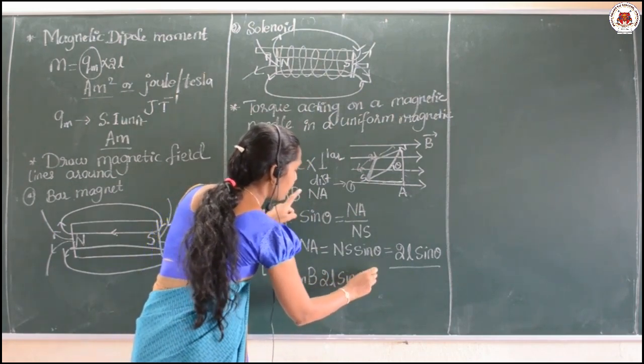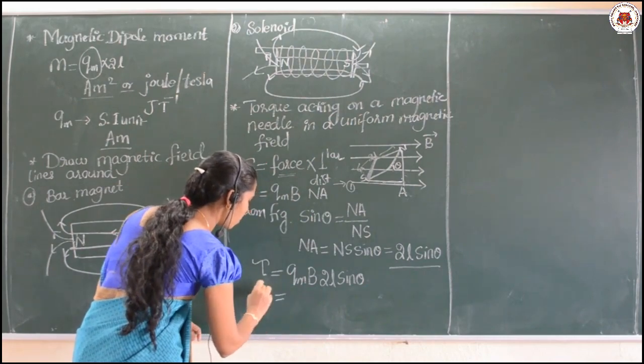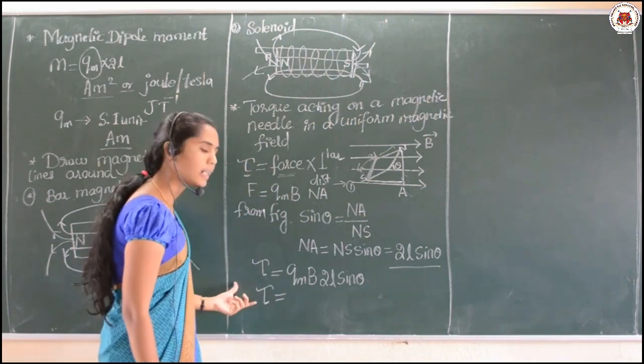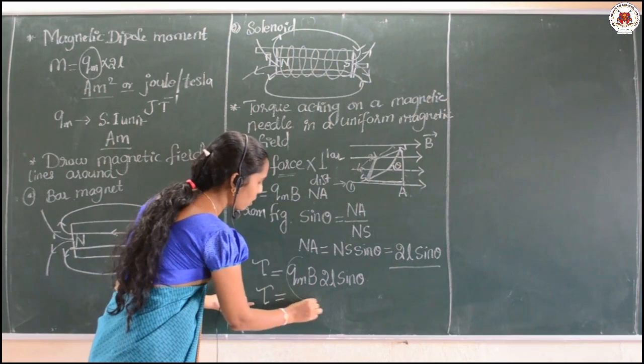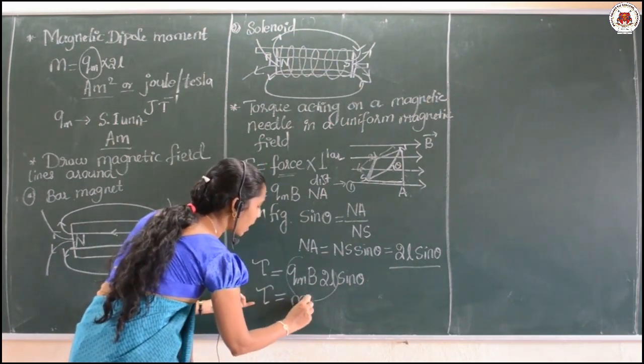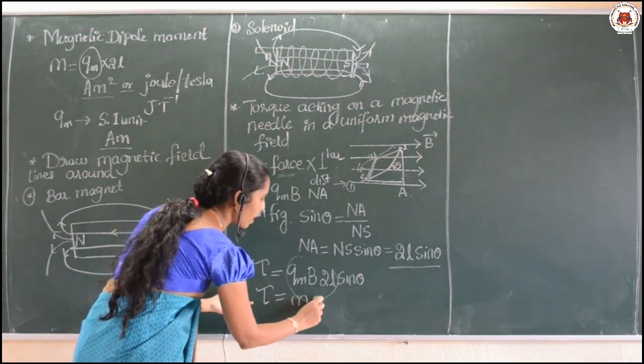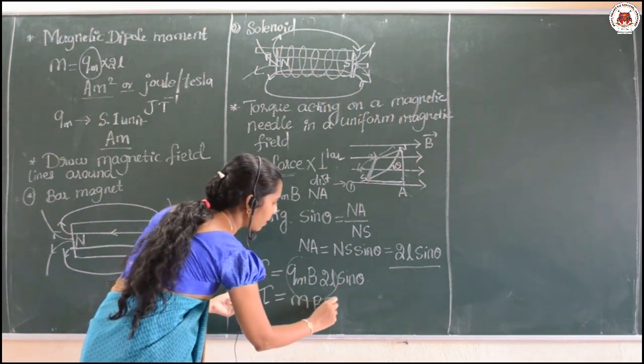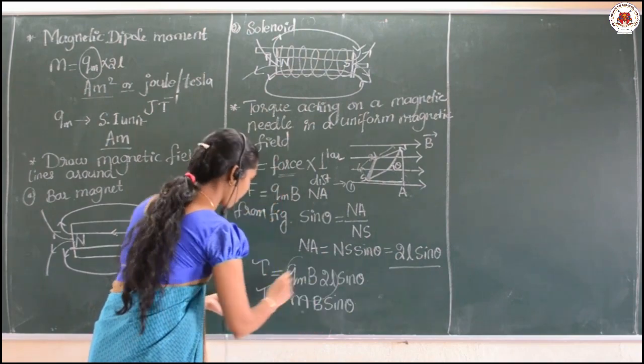Then just now we had a discussion about the magnetic dipole moment. The pole strength and this 2L is given by the magnetic dipole moment small m, and it is the magnetic field B into sin theta.